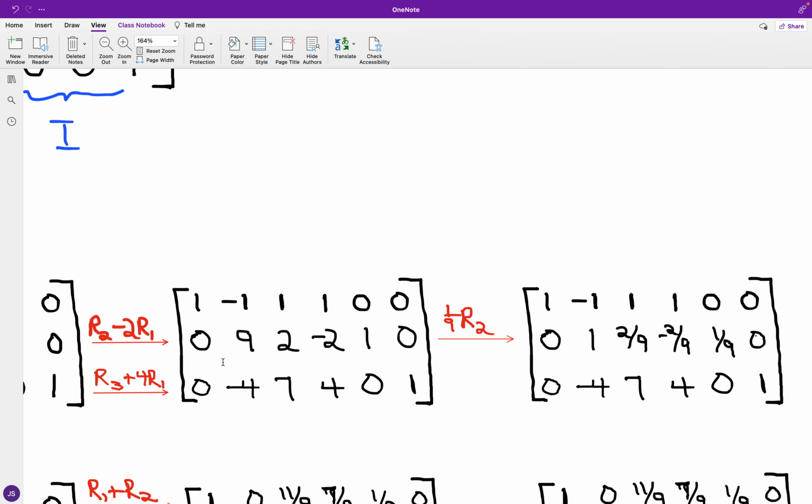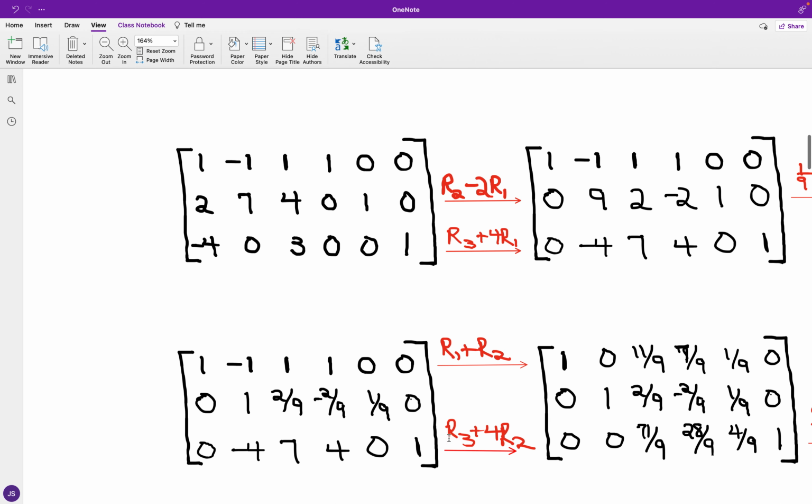So I'm going to divide the second row elements by 9. Here I have 0 followed by the desired 1, and I have 2 ninths, negative 2 ninths, 1/9, and 0. So I have 1, 0, 0, and from the second column, I want to change the negative 1 as well as the negative 4 from the bottom to 0.